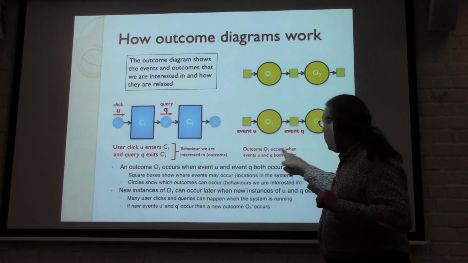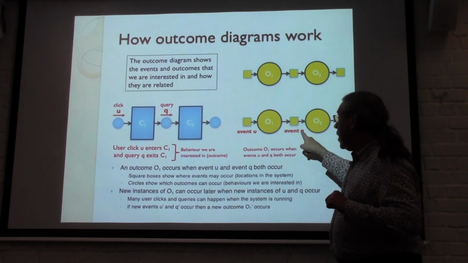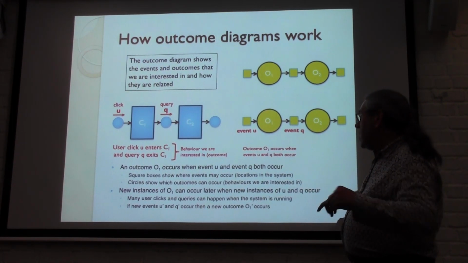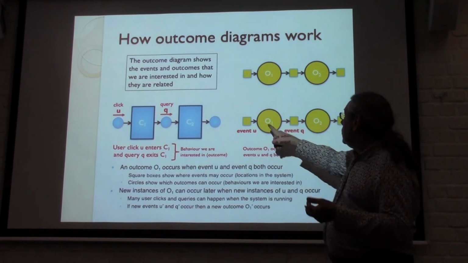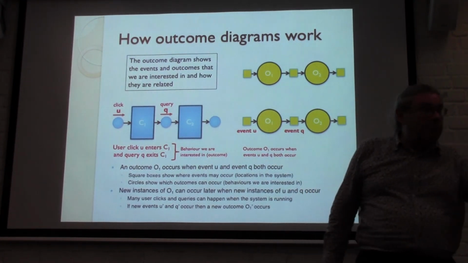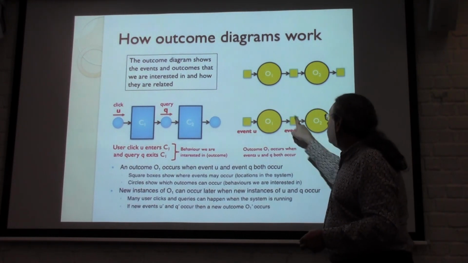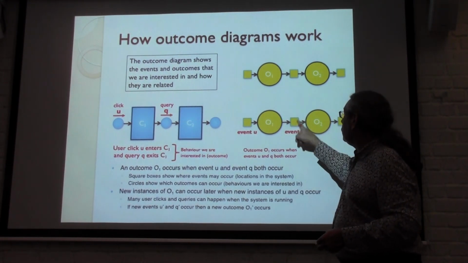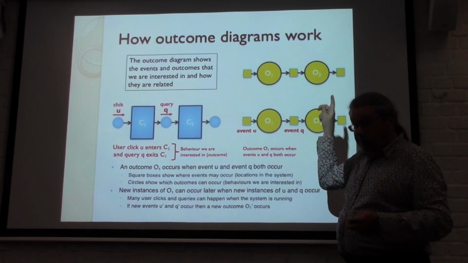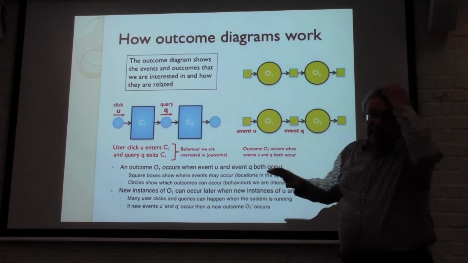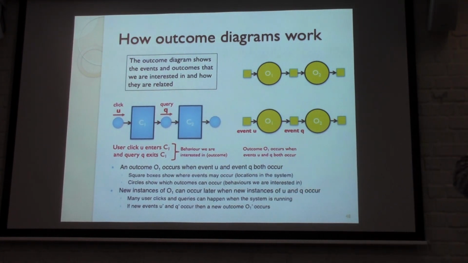And the outcome O1 occurs when you have both U and Q. And you can have a new instance of the outcome. So the outcome is like a class. You can have many instances of it. Each time you have a U event, you have a new Q event, and then another U event, another Q. So this diagram is more like classes than objects. Each outcome can have many instances. Okay, so that's the basic idea.